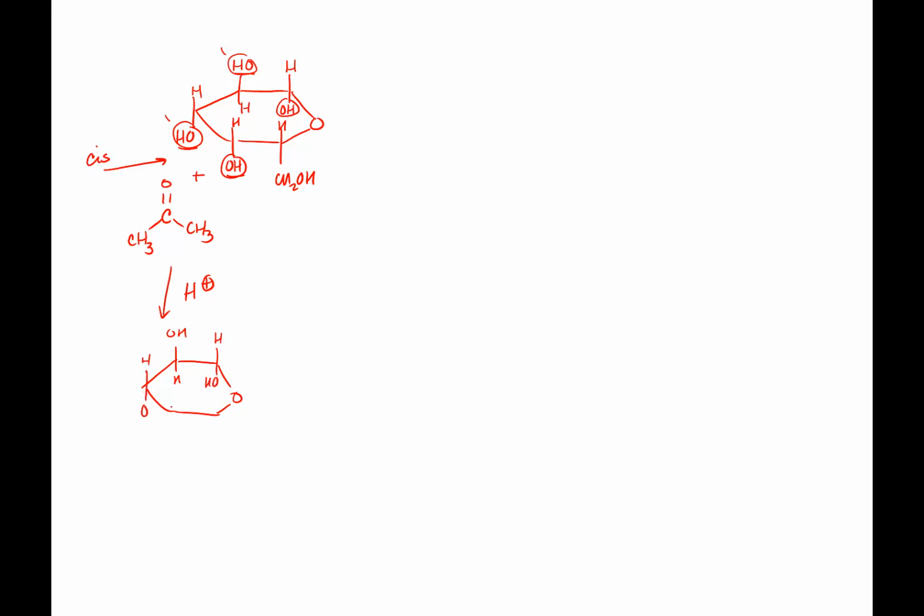what I'm going to end up doing now is forming that cyclic acetal. So in essence, you could think, well, the sugar's protecting the ketone, and actually the acetone is protecting the sugar. But the restriction is those two OH groups have to be cis.